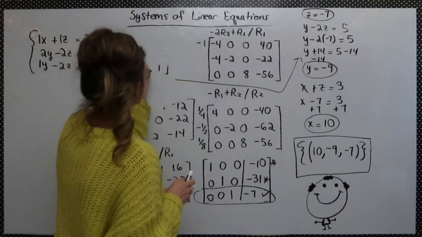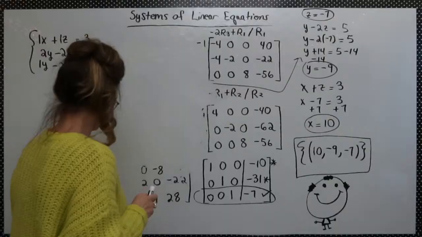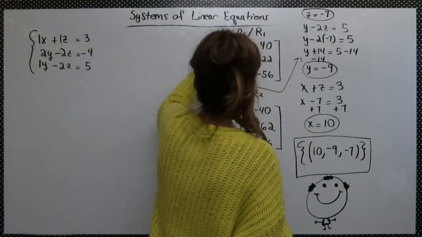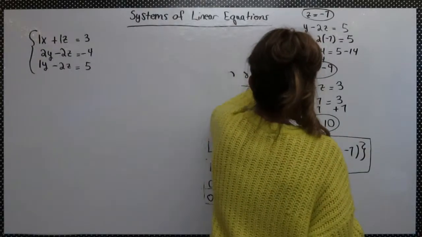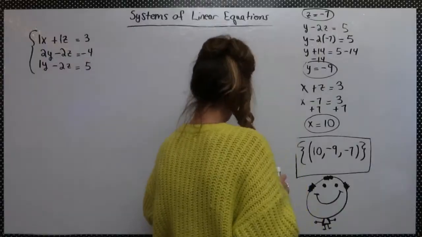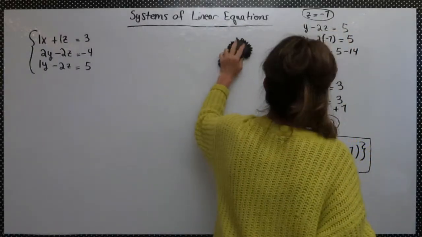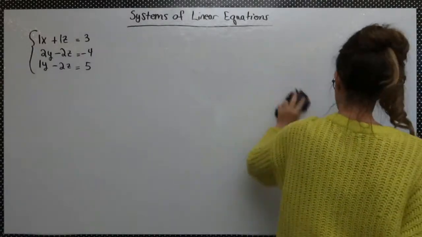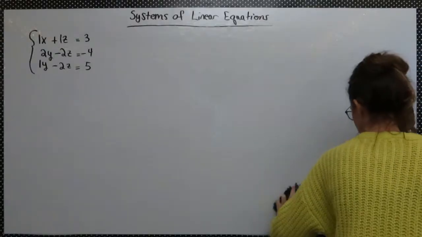This method is called Gauss-Jordan elimination, and it's not the only way to solve systems using matrices. I also have used inverses, but there are other methods. I think we'll go ahead and practice this one more time before we get into more complicated systems.